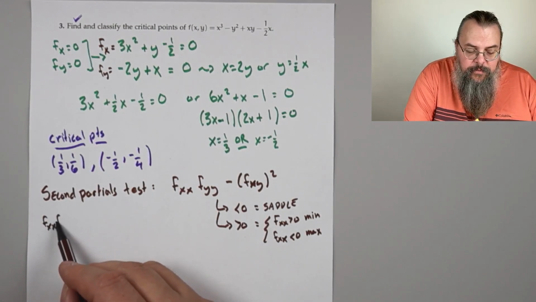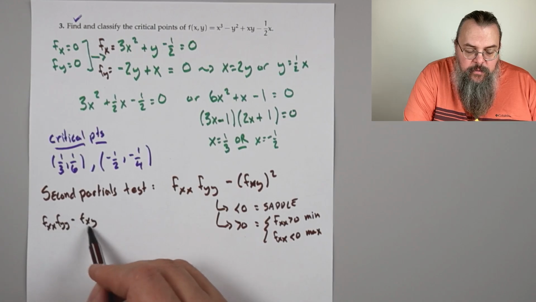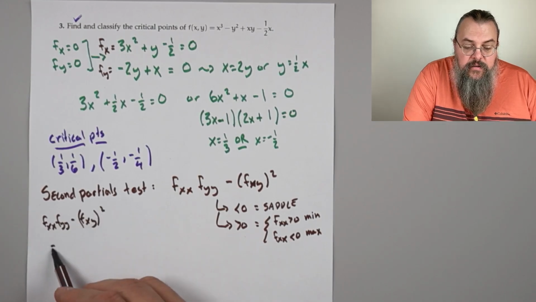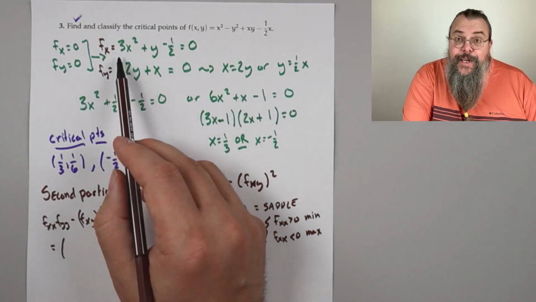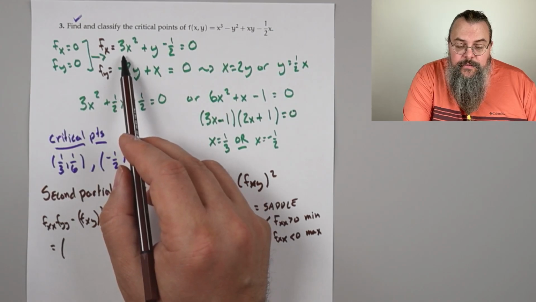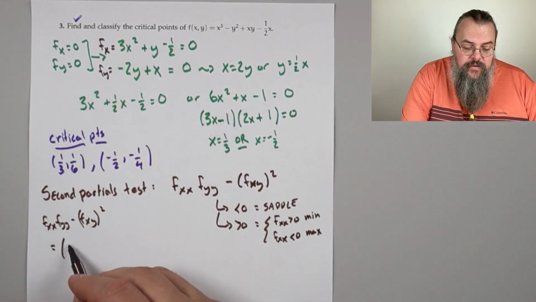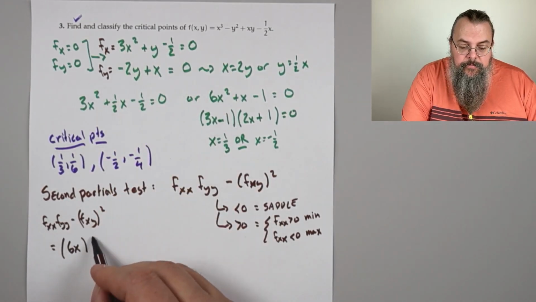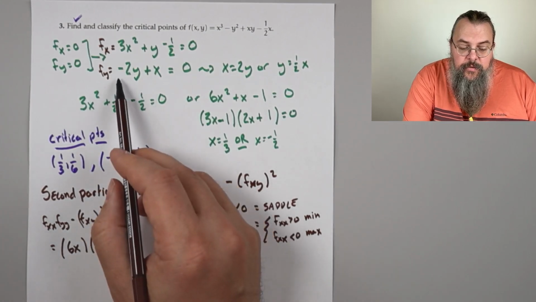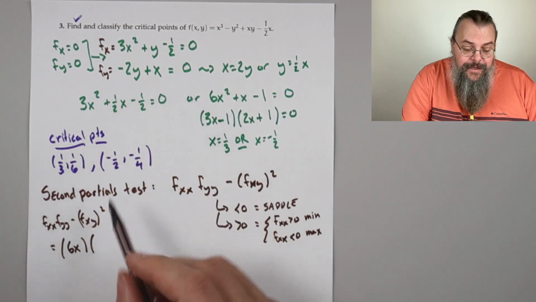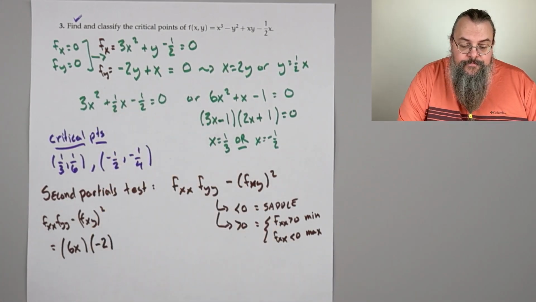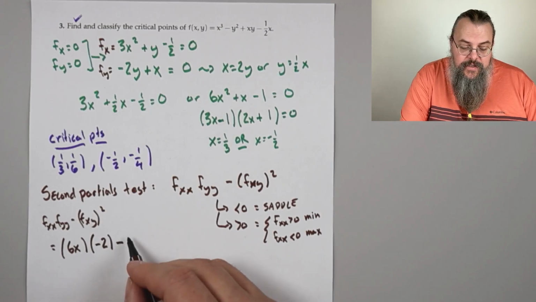Fxx times fyy minus fxy squared is equal to, taking the derivative with respect to x, 6x. Coming to this one, taking the derivative with respect to y, -2. Subtract.